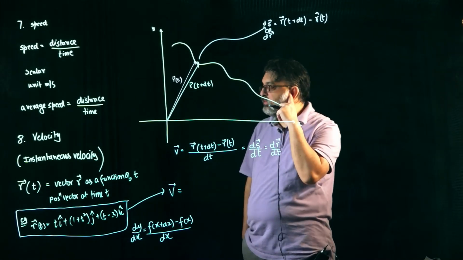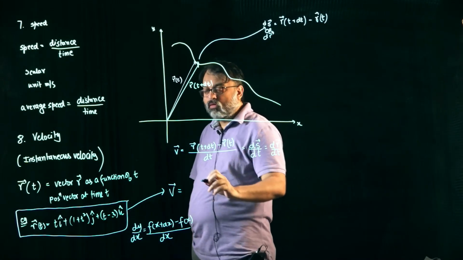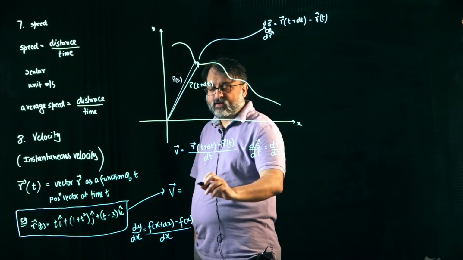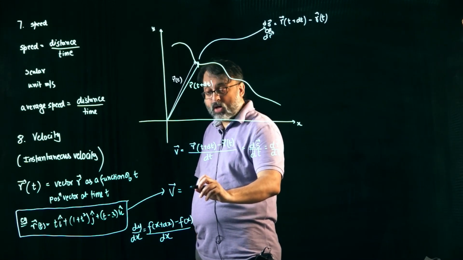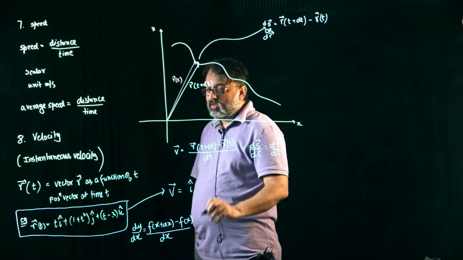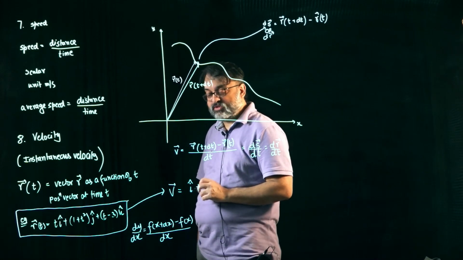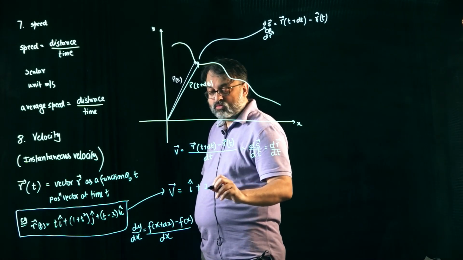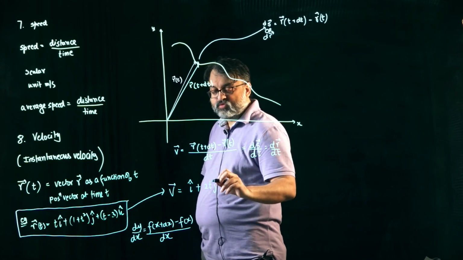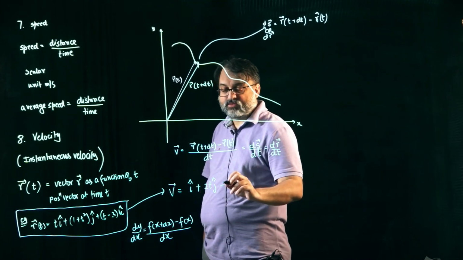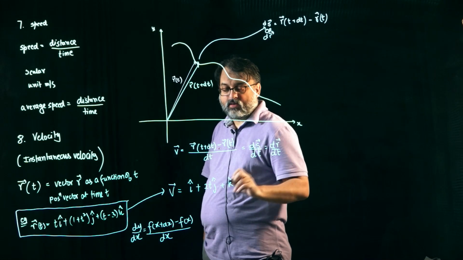In this case, what should be the velocity vector? It should be d by dt of i cap, which is 1, plus 1 plus t square differentiated, 2t j cap, plus t minus 3 differentiated, which is again 1.